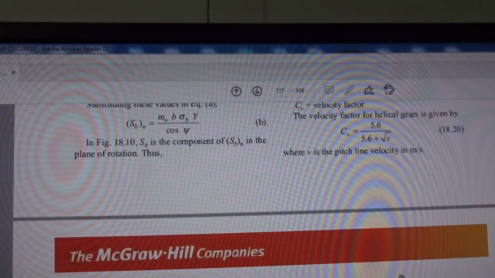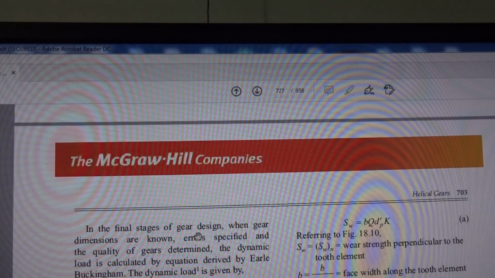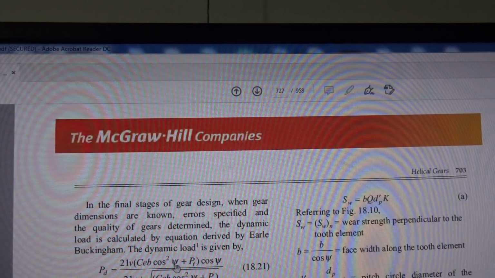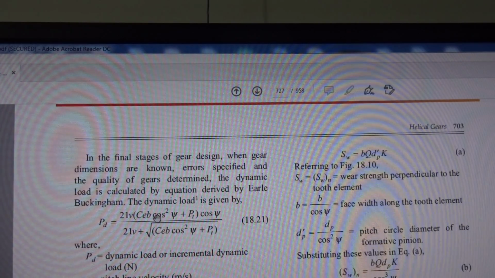Now in the dynamic conditions, PD is equal to, as discussed in the spur gear, the dynamic load: 21 V (C B cos square psi plus PT) cos psi divided by 21 V plus root under (C B cos square psi plus PT). It is given in the data book, so there is no need to remember this formula.